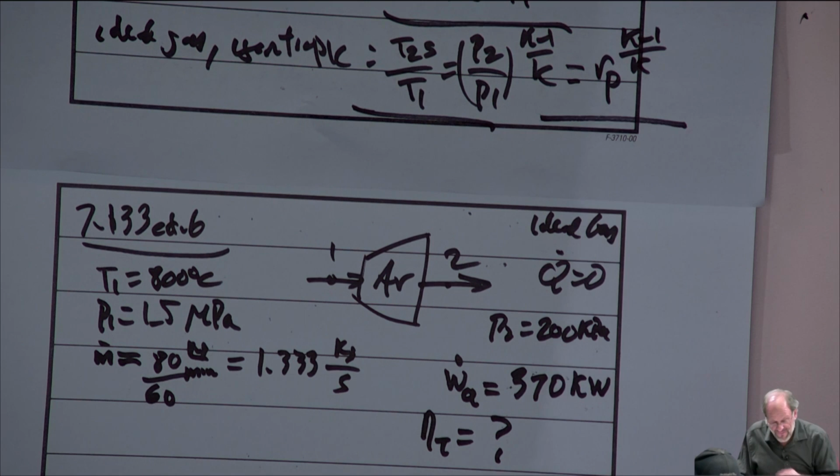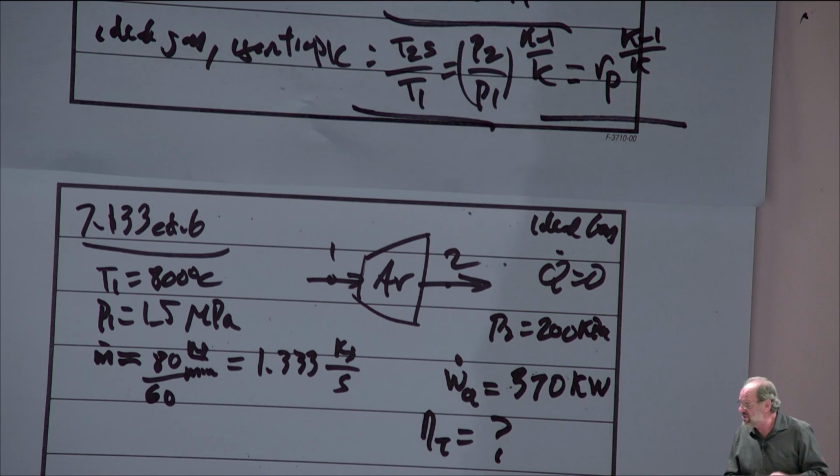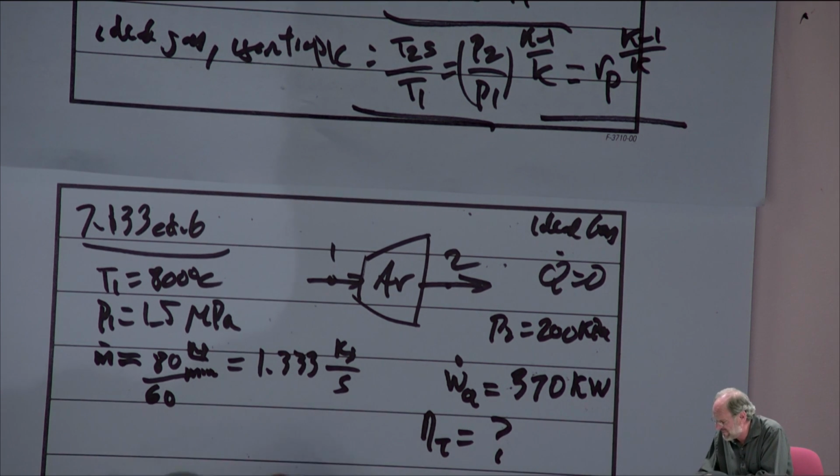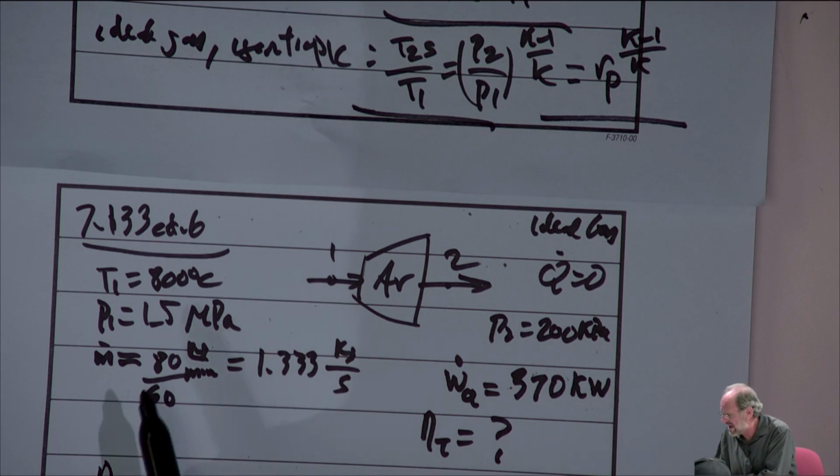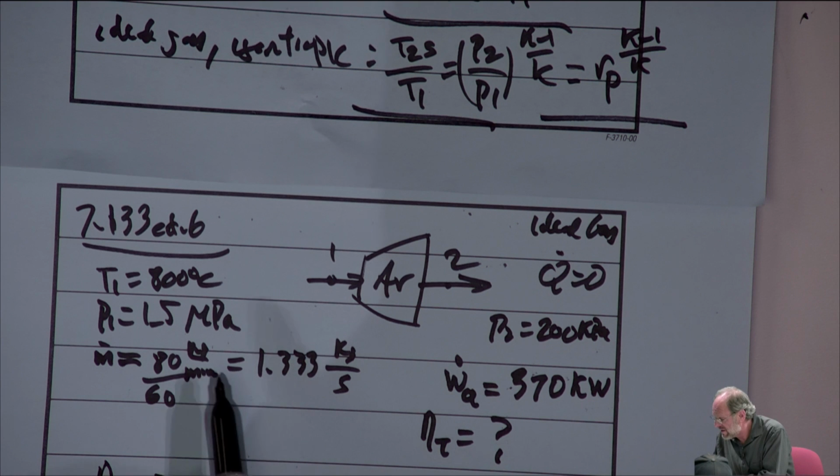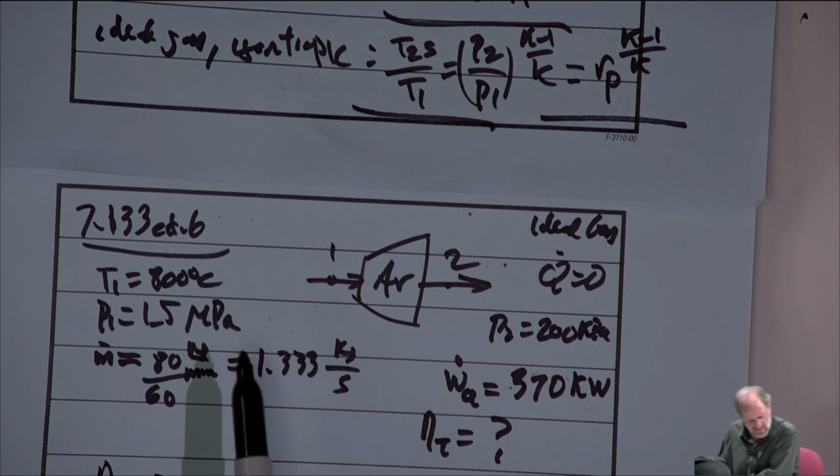All right. So again, we're going to use the same kind of information that we used in the previous example, although this isn't the previous example. It's a little bit different. We are definitely going to have to use the isentropic efficiency equation for that particular turbine. Now, we don't have a lot of temperature information.